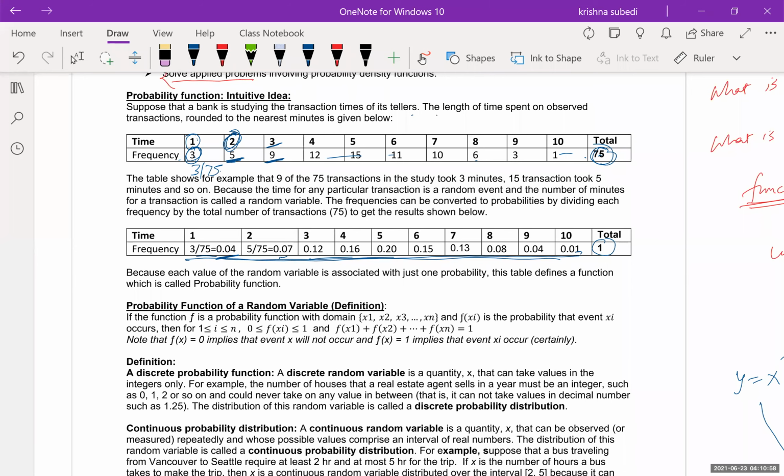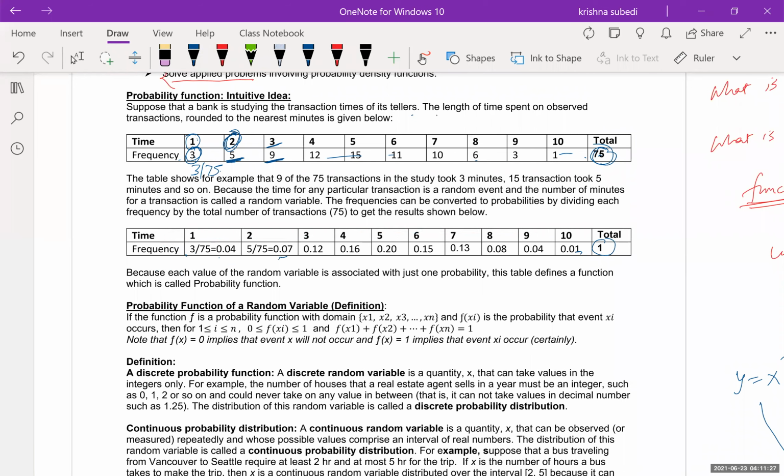Now one thing, we can consider this as a function because for each x value, there is only one y value, right? So we can consider these as x or t for that matter, and this one as y or f of t. So we can think of this as a probability function.